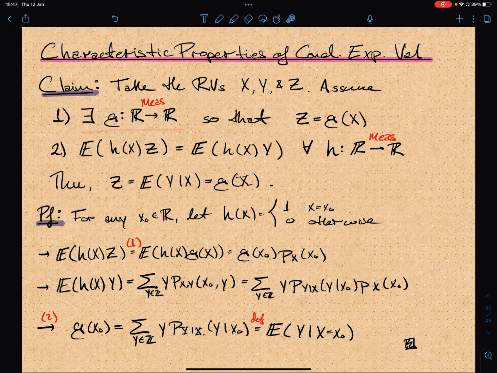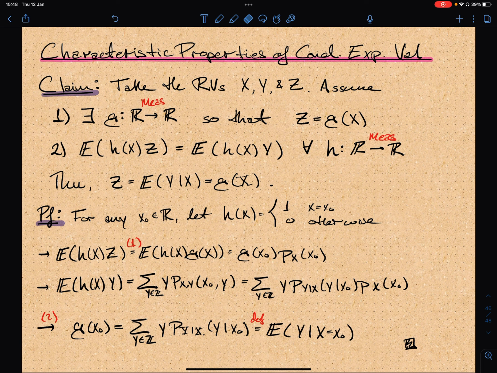Take a function g so that z is equal to g of x, so z is a function of x. And the second property is that the expected value of h of x times z, for any measurable function h, is equal to the expected value of h of x times y. Then we have that z is equal to the conditional expected value of y given x, which is just g of x.